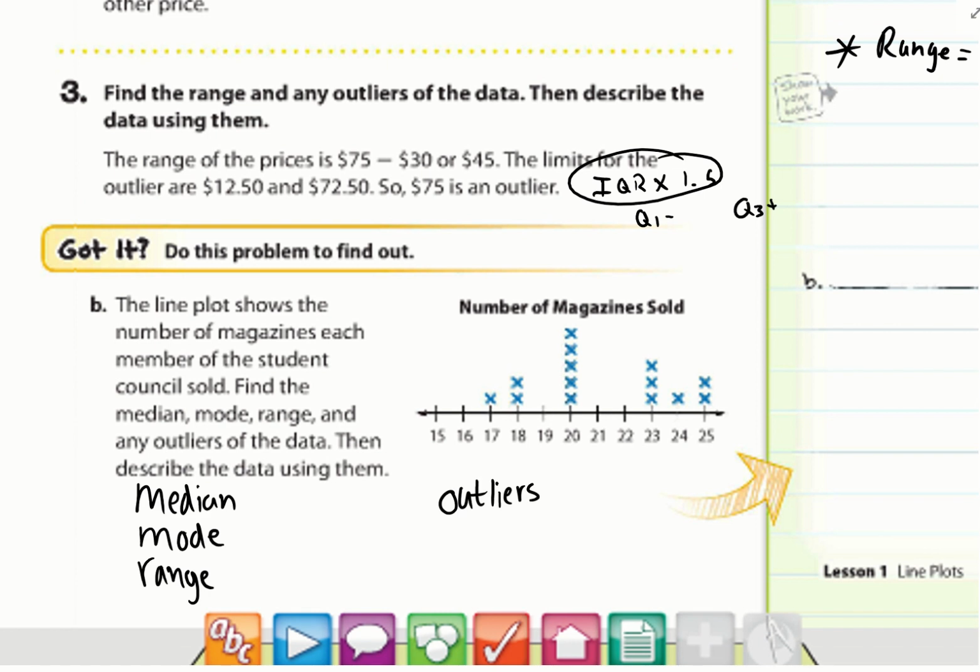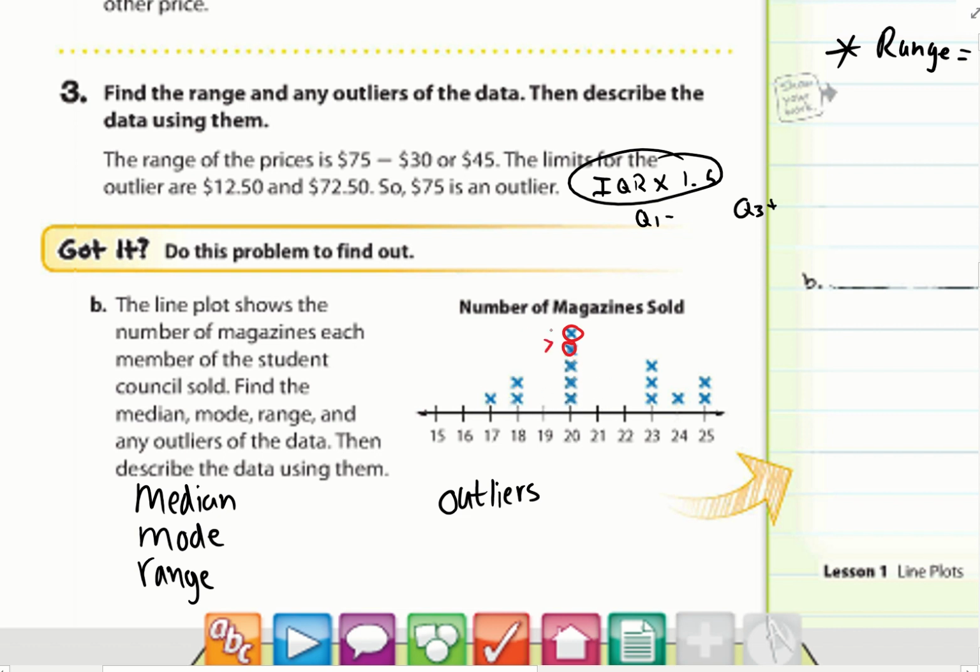So for the median, I'm going to count how many data points I have. 1, 2, 3, 4, 5, 6, 7, 8, 9, 10, 11, 12, 13, 14. So if I have 14 numbers, that means my median is going to be between the 7th and 8th values. 1, 2, 3, 4, 5, 6, 7, 8.